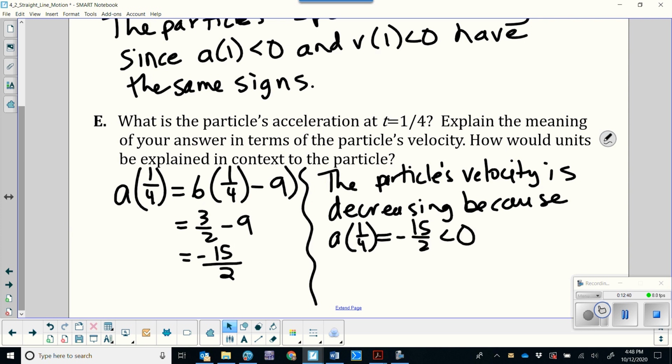Okay, so that's what tells me it's decreasing at t equals 1/4. And then they want to know how would the units be explained in context of the particle.